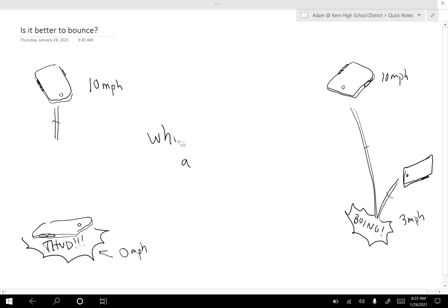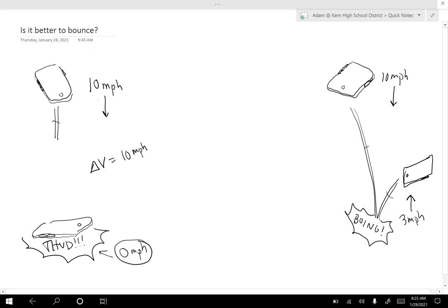Okay, so that was a trick question. I hope you took the time to pause. That was a trick question because it's a little bit more complicated than that. In this case, it's going 10 miles per hour down and then stops at 0 miles per hour. In this case, it's going 10 miles per hour down, and then after the bounce, it's going 3 miles per hour up. So the change in speed here is 10 miles per hour.